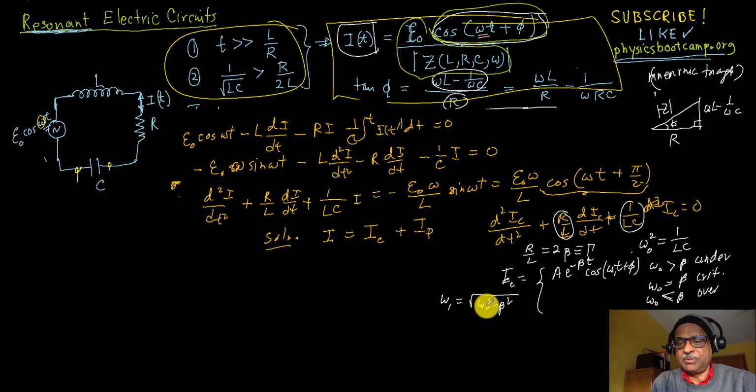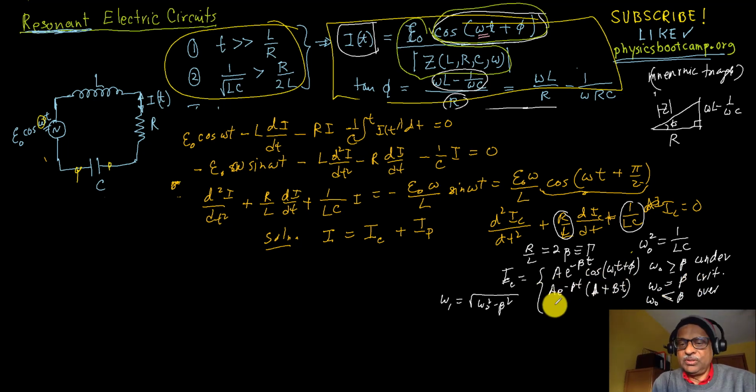Because that is positive, this whole thing is real, and so this thing oscillates. For the critical case, you get the same e to the minus beta t but times 1 plus some b t, so that's the critical solution, and a and b are constants here.